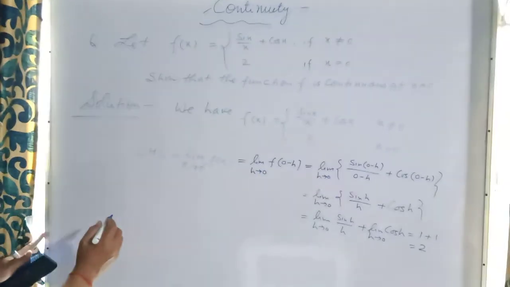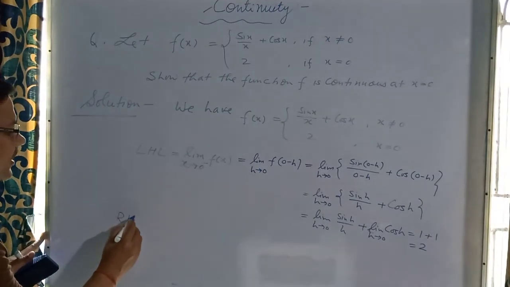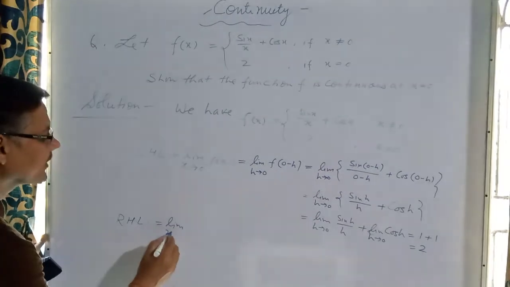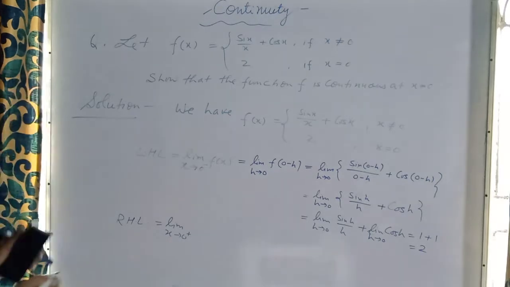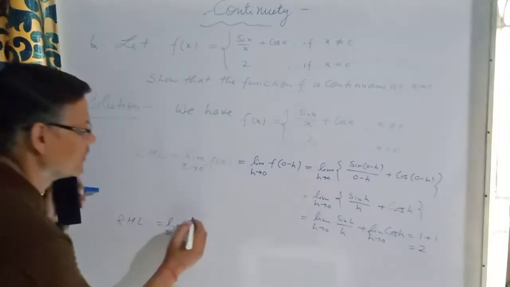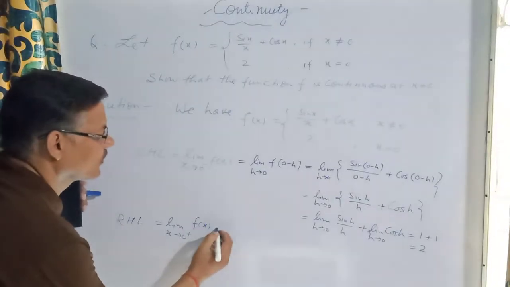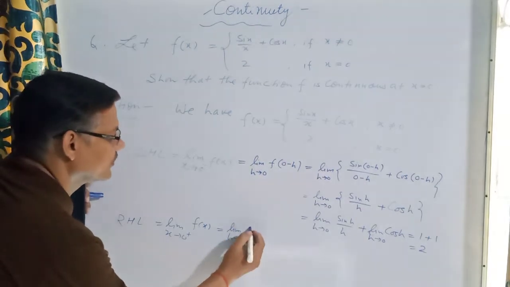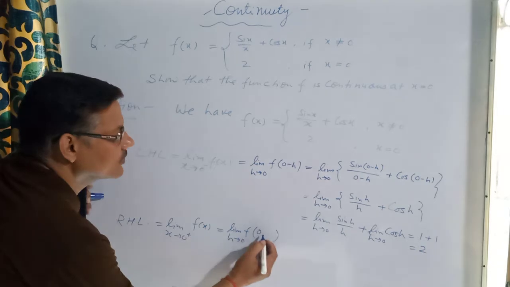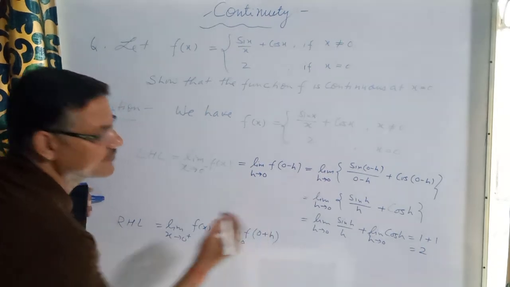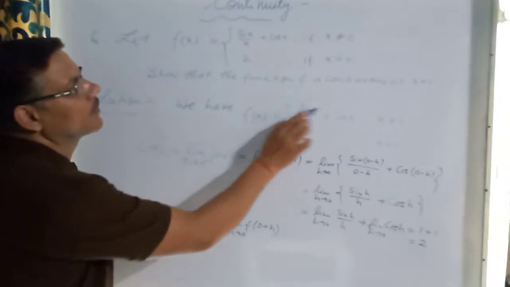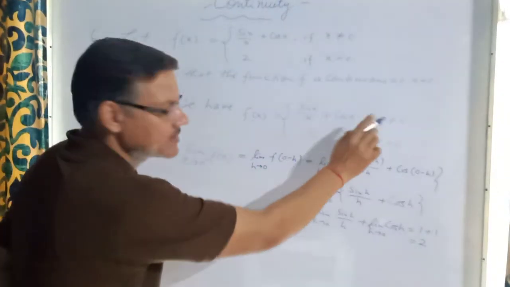What about the right hand limit? Similarly, we take x tends to 0 from the right, and this is the function. Again we take limit h tends to 0, f of the point 0 plus h. Again f(x) is the same for more than 0 as well as less than 0.